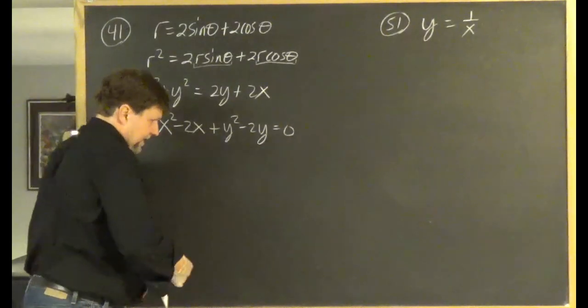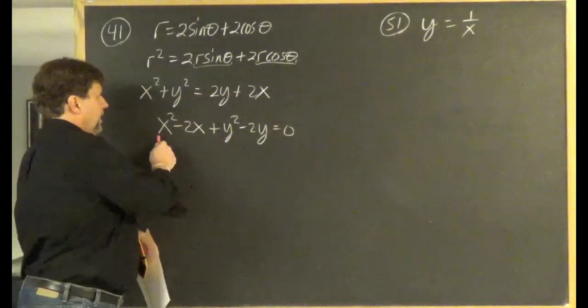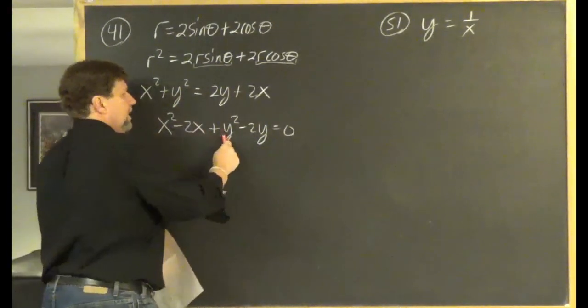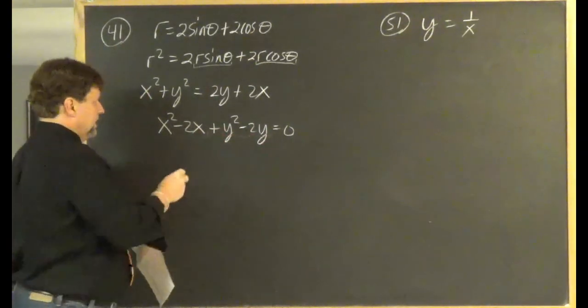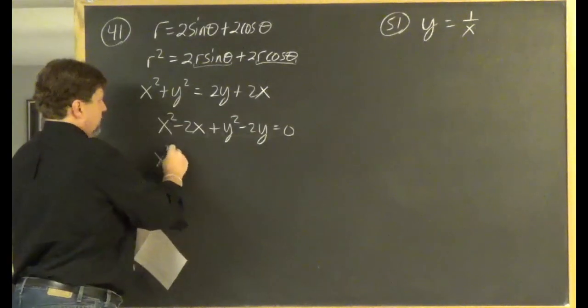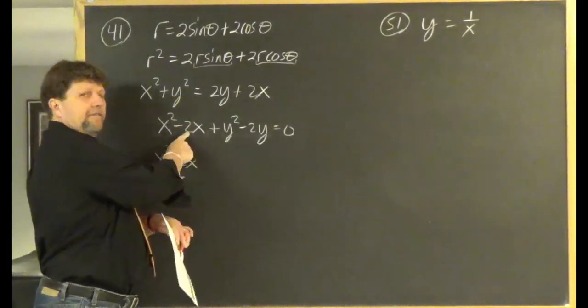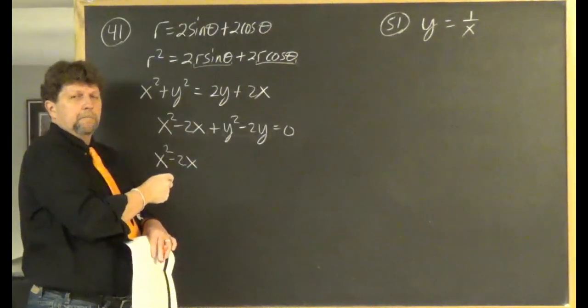And then I am going to say, why don't we complete the square here, and why don't we complete the square there? So in the process of completing the square, I would have an x squared minus 2x. Remember, I would take half of this, so half of that is negative 1.